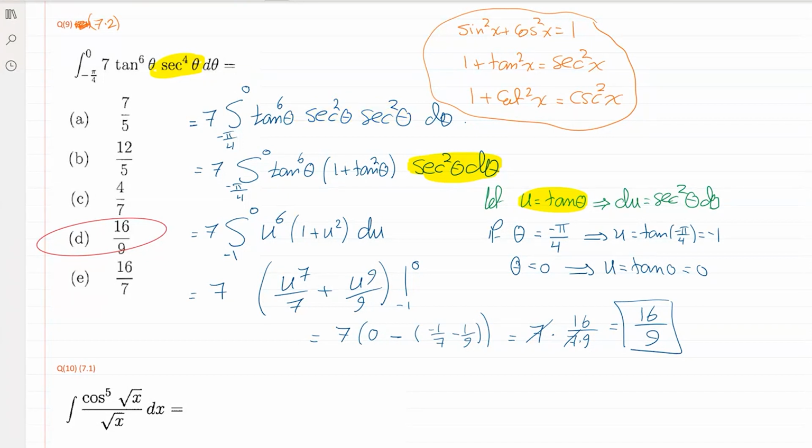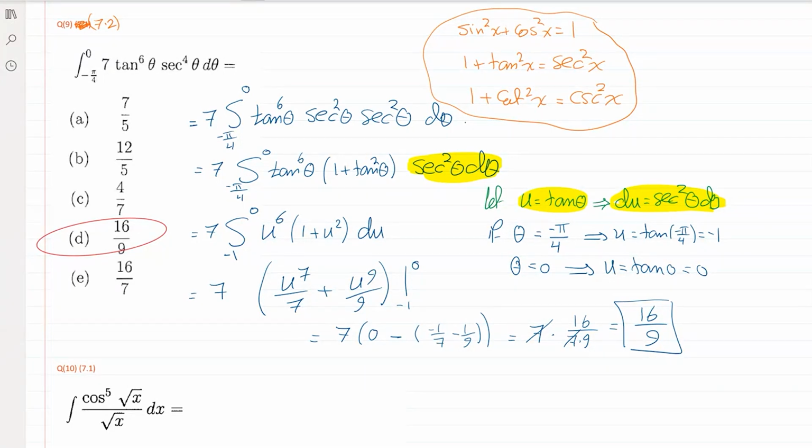Why? Because I try to write everything in terms of tan, and the derivative of tan is secant square. So this is the trick. Then I suppose that let u equal tan, so in this case I cancel this one, or as Ahmed said, I kill it, okay?